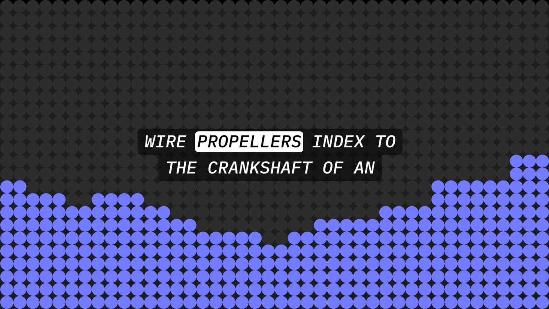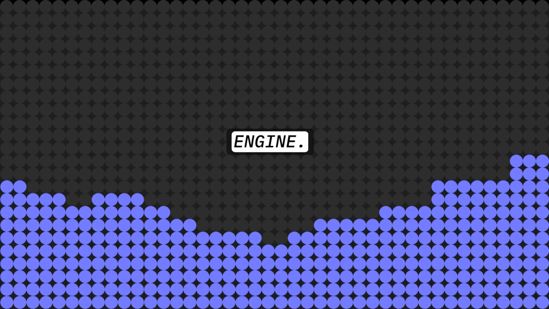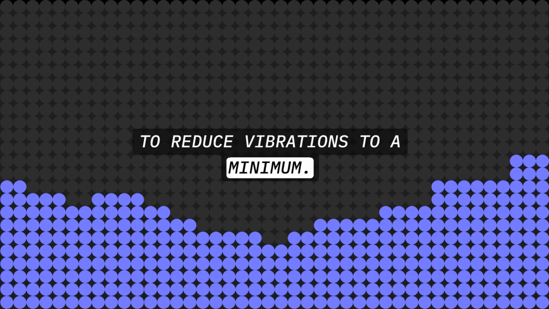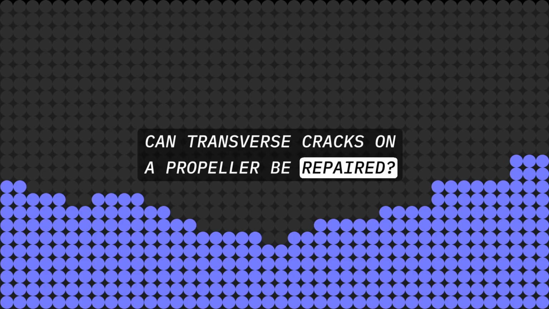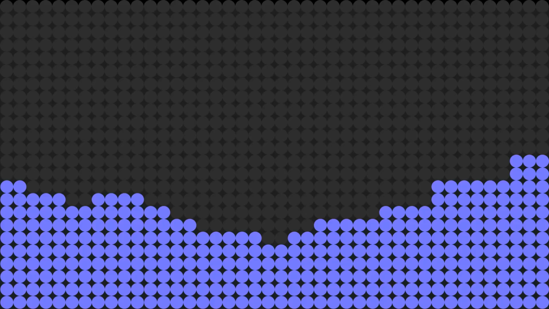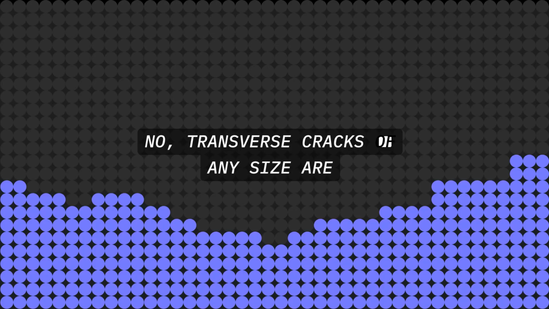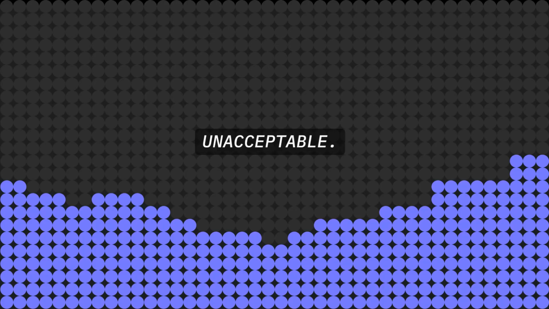Why are propellers indexed to the crankshaft of an engine? To reduce vibrations to a minimum. Can transverse cracks on a propeller be repaired? No. Transverse cracks of any size are unacceptable.